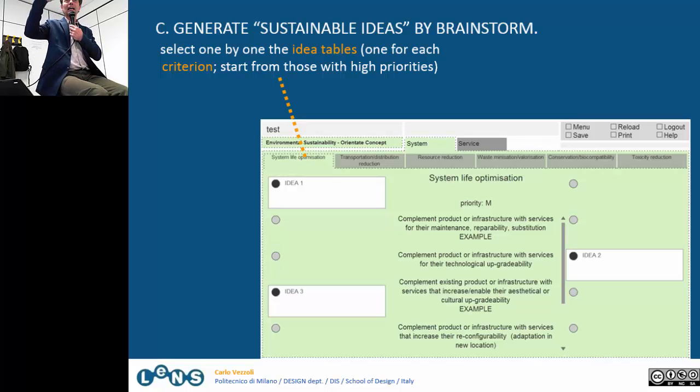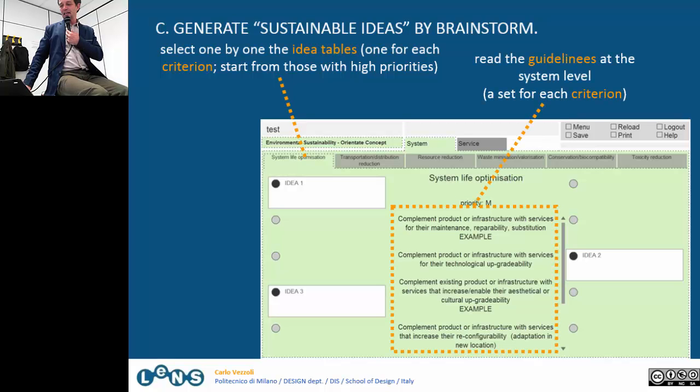There inside you find the guidelines, which are guidelines on a system level, so in terms of promising stakeholder interaction that may lead to system life optimization, or to resource reduction if you are in that table, or waste minimization if you are in that table, and so on. And so here you have the guidelines.